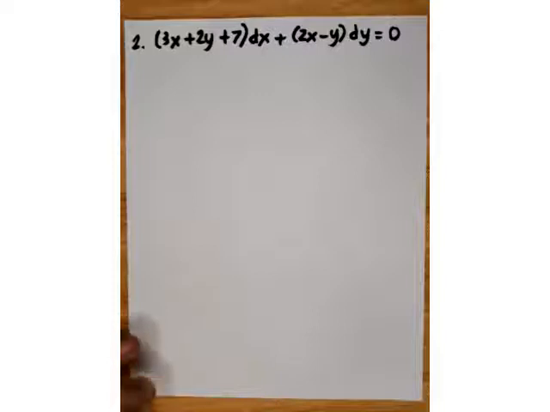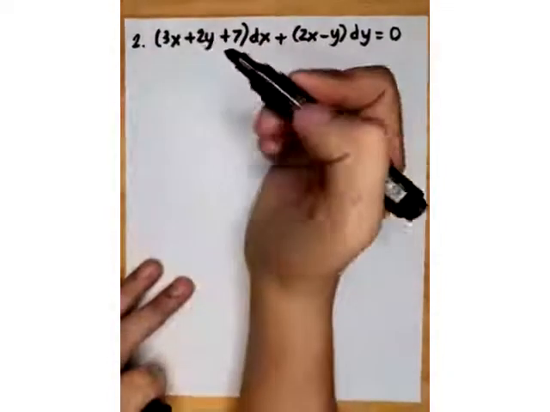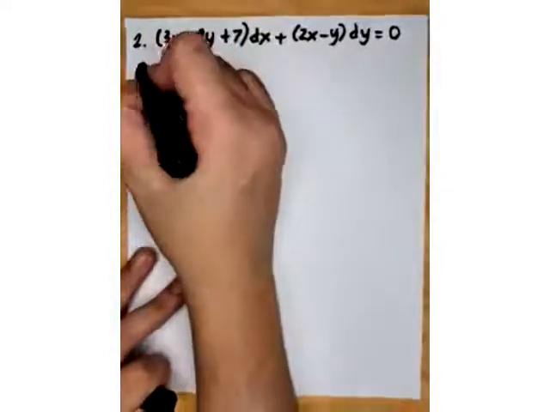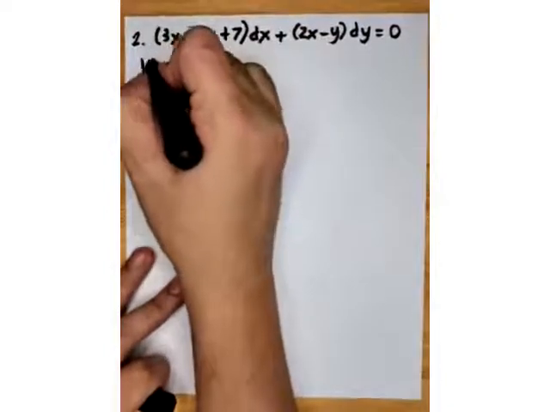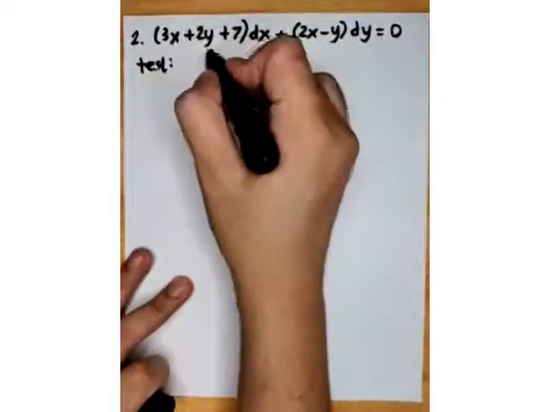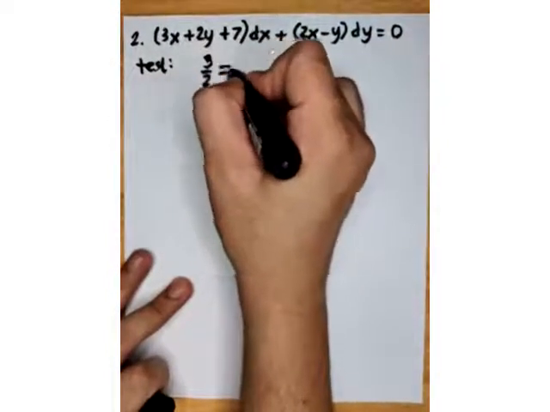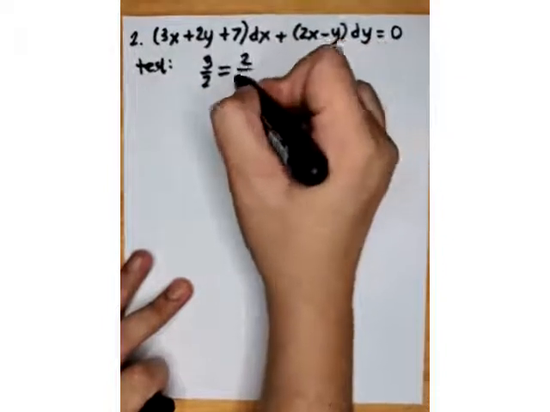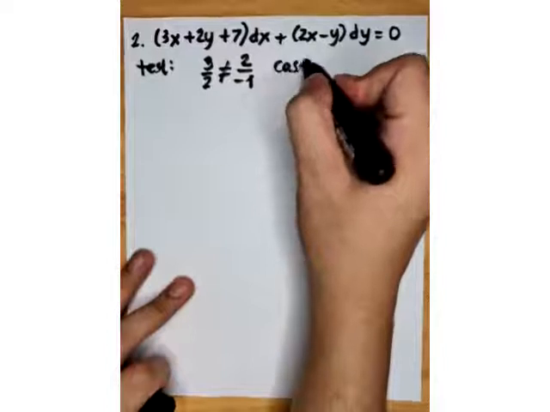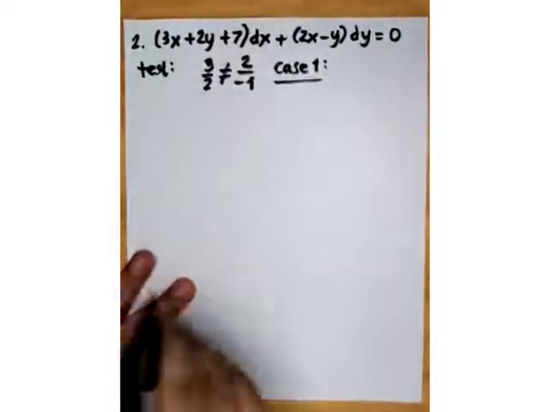Ayan. Okay, so first is we need to determine kung ano ang case siya. So i-test natin siya kung anong case. So is 3 over 2 equal to 2 over negative 1. So hindi siya equal, so therefore it's under case 1.